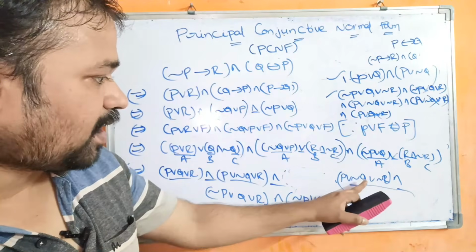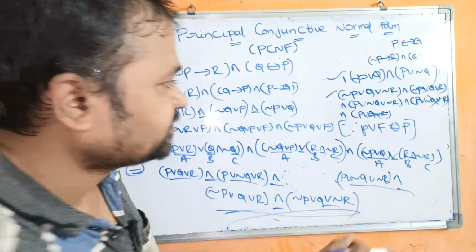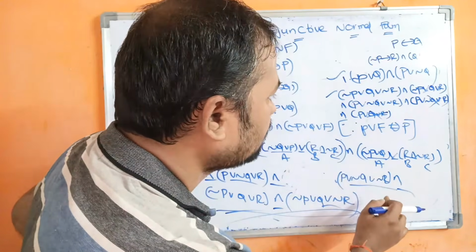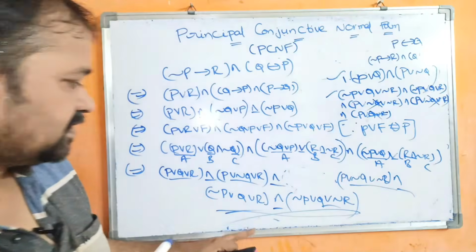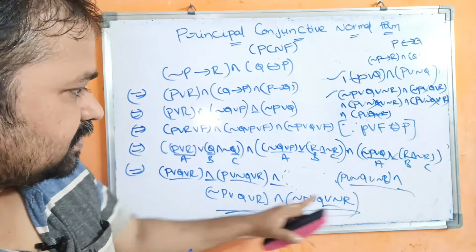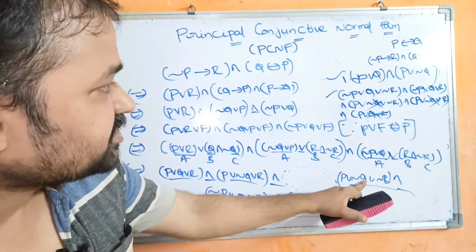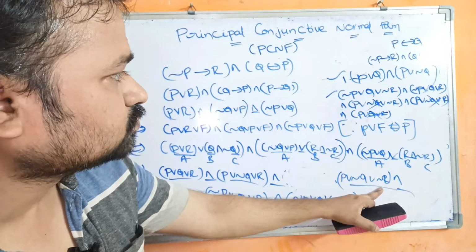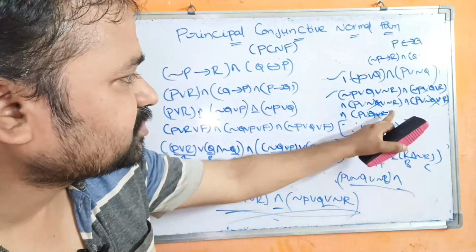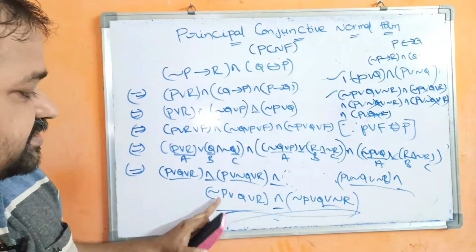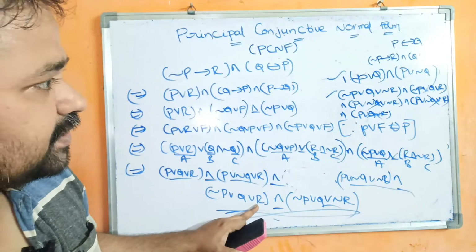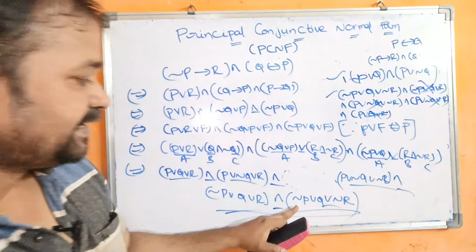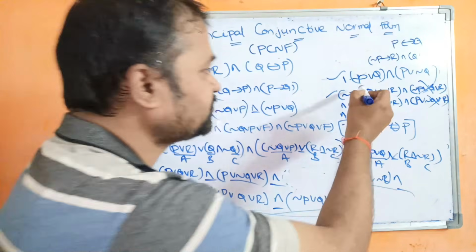Next, P OR negation Q OR negation R, this one only. Next, negation P OR Q OR R. Next, negation P OR Q OR negation R. So this is nothing but this one.